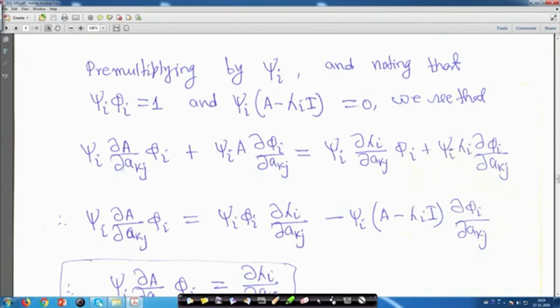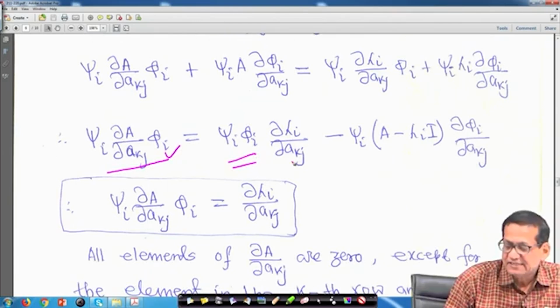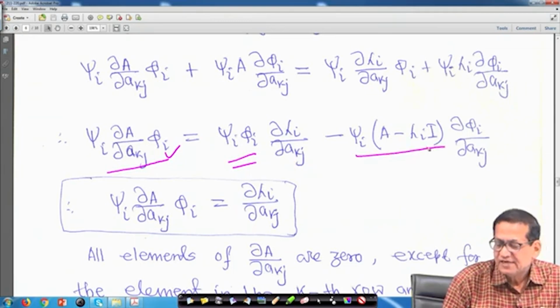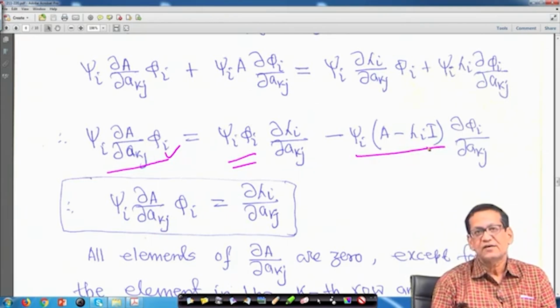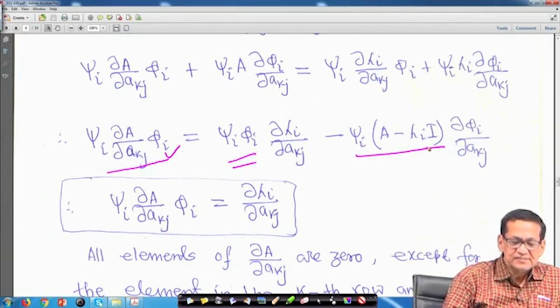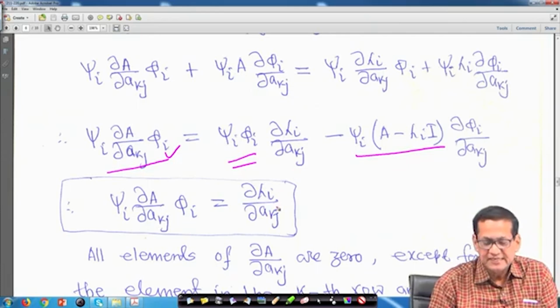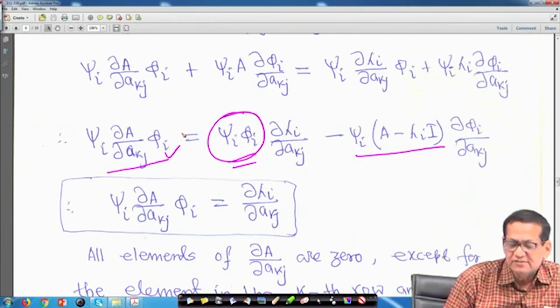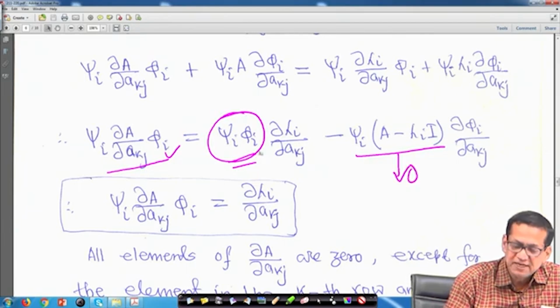Upon simplification, psi i delta A by delta a k j phi i is equal to psi i phi i delta lambda i by delta a k j minus psi i (A minus lambda i I) delta phi i by delta a k j, where I is the identity matrix. From the definitions, psi i phi i is equal to 1 and psi i (A minus lambda i I) is 0.